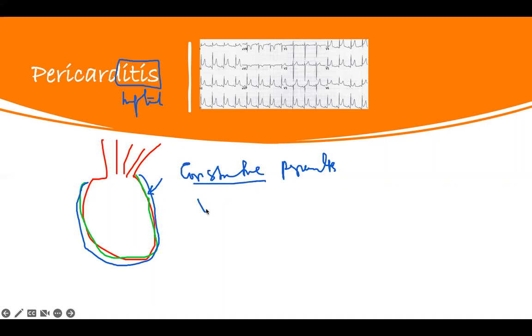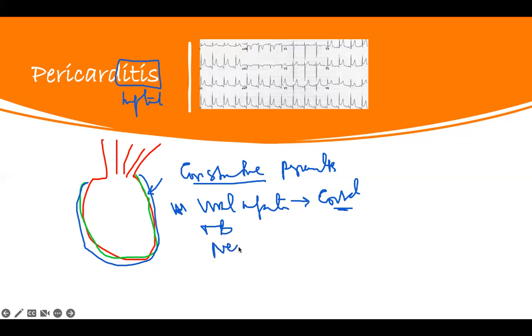So it's a constrictive effect. This can happen from viral infection, and I know you've heard before that some patients have cardiac problems from COVID. One of the side effects of COVID is constrictive pericarditis, inflammation of the pericardial wall. Viral infection is almost number one. Sometimes TB infection can cause pericarditis.